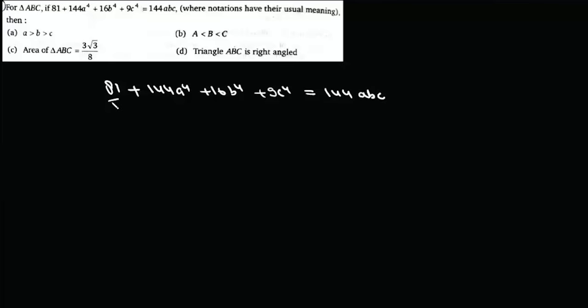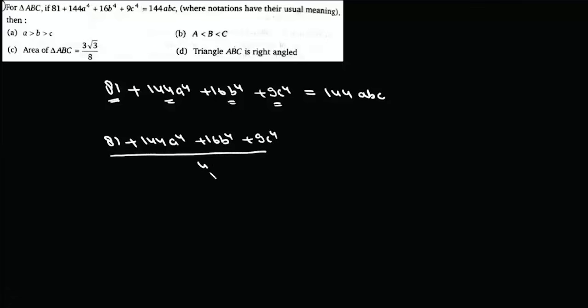So what we'll do is we'll consider these four numbers and write their arithmetic mean, 81 plus 144 a to the power 4 plus 16 b to the power 4 plus 9 c to the power 4 upon 4, and it will be greater than or equal to their geometric mean, which is 81 into 144 a to the power 4 into 16 b to the power 4 into 9 c to the power 4 whole to the power 1 by 4.